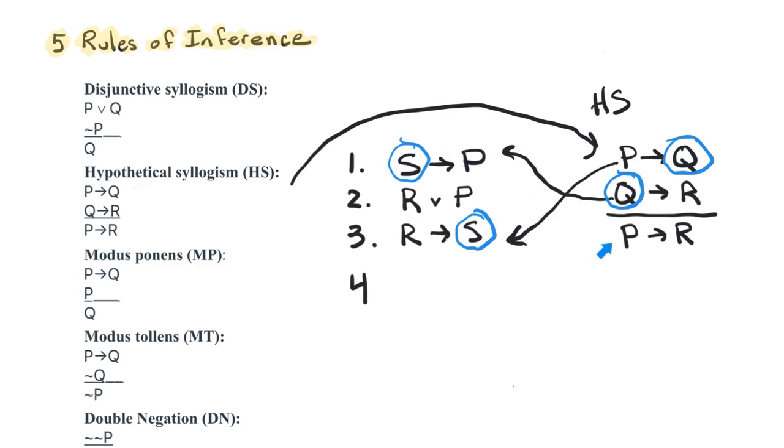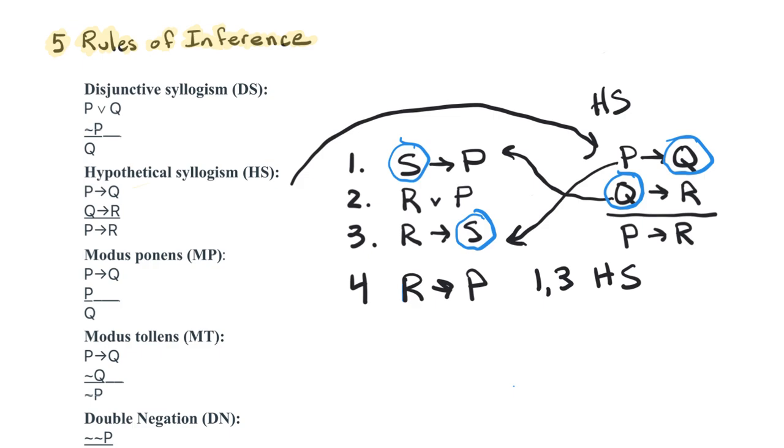So just as we can derive if P then R from this hypothetical syllogism, we can derive if R then P from lines 1 and 3, justified through the hypothetical syllogism rule of inference.